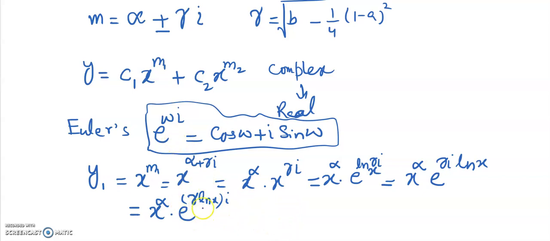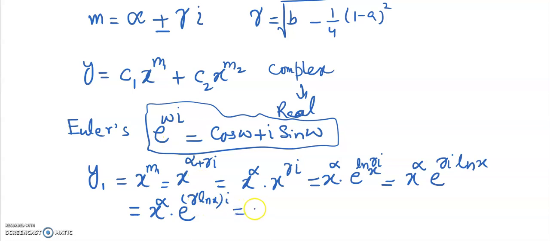So now we can compare this term e to the power gamma log of x i with omega log of x. What we have done is we have replaced omega with gamma log x.